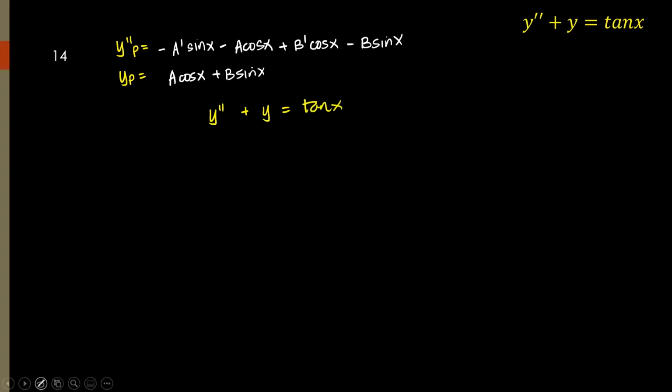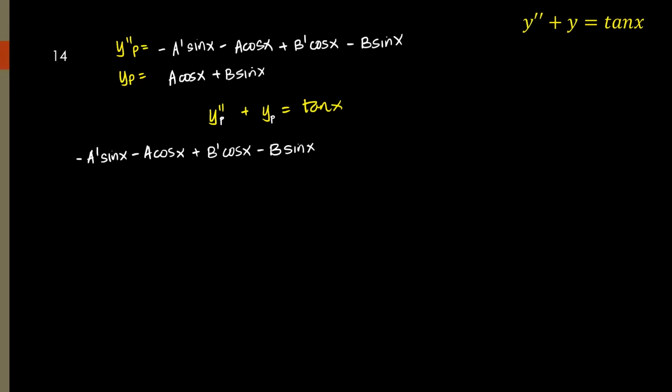So here, I replace everything with the y double prime. This is actually the y double prime of p, and this is the y of p. So negative A prime sine of x minus A cosine of x plus B prime cosine of x minus B sine of x.